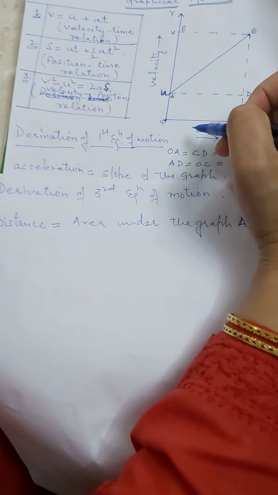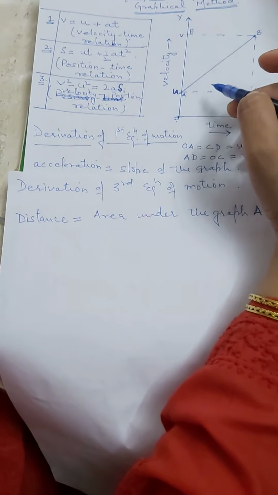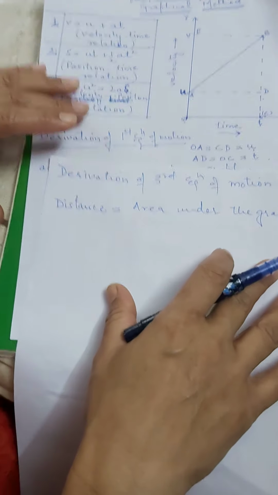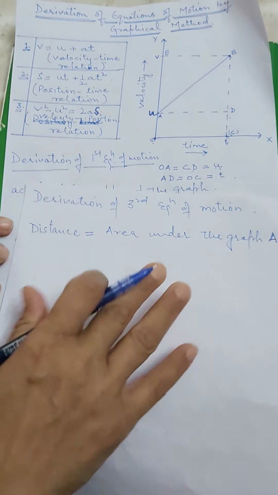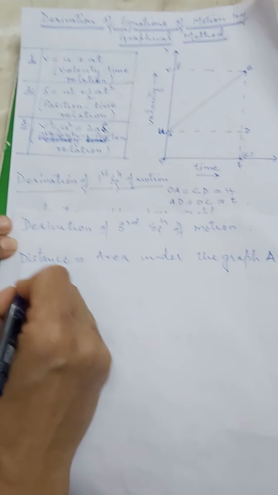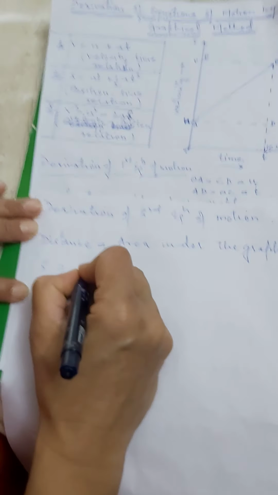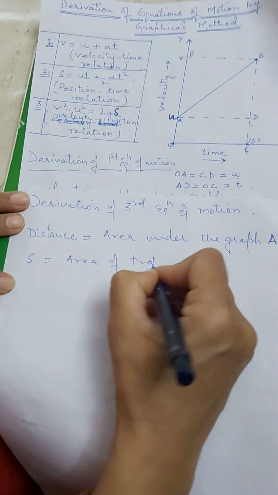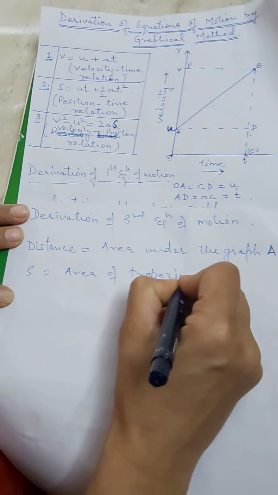Here we will not bifurcate it, we will take it as a whole. As a whole, it is a trapezium. So the distance S is equal to the area of the trapezium.